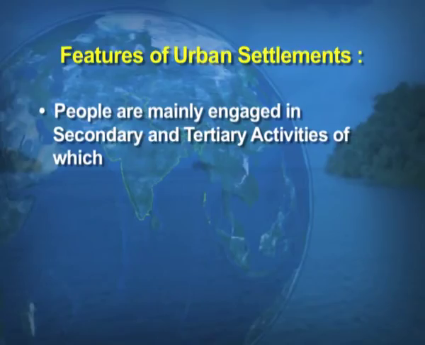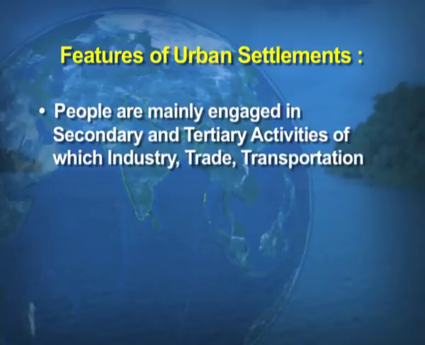Now, in contrast to the features of the rural settlements, we take up the features of the urban settlements. For the rural settlements, as I said, the people are basically engaged in primary activities, but here in the urban centers, people are engaged in secondary and tertiary activities, of which industry, trade, transportation and services are very important.